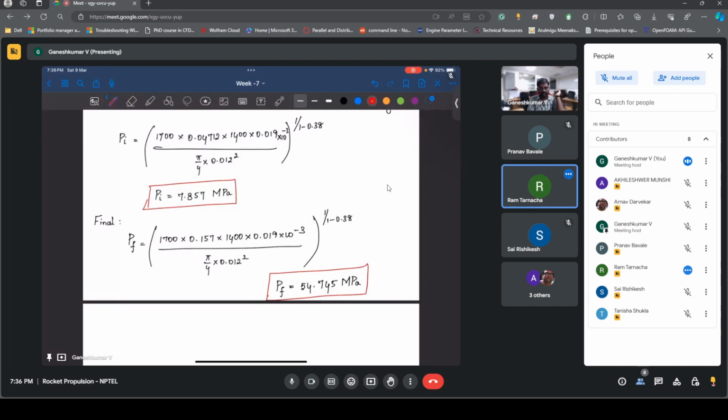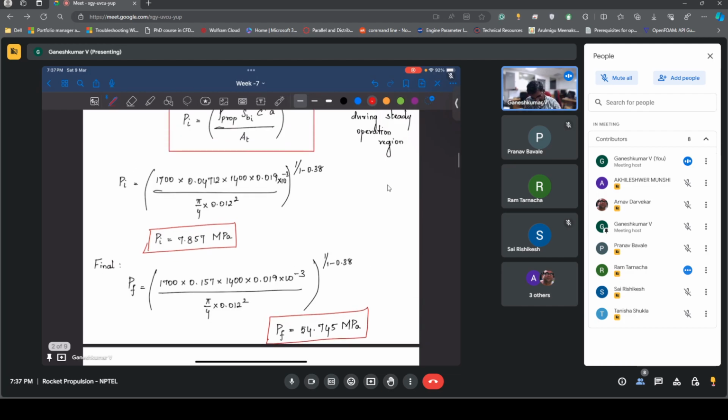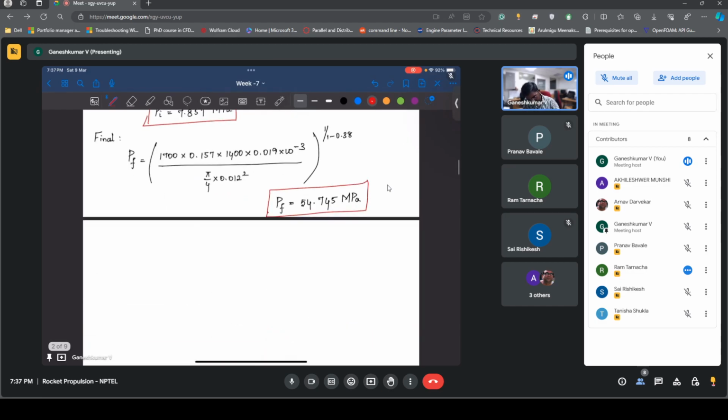So why? Since it's radially moving out, initially the surface area would be small, and as it moves out, surface area will be large. So a large number of gases enters the chamber, and if a large amount of gases enters the chamber, pressure inside the chamber is going to increase. That is what we see mathematically also.